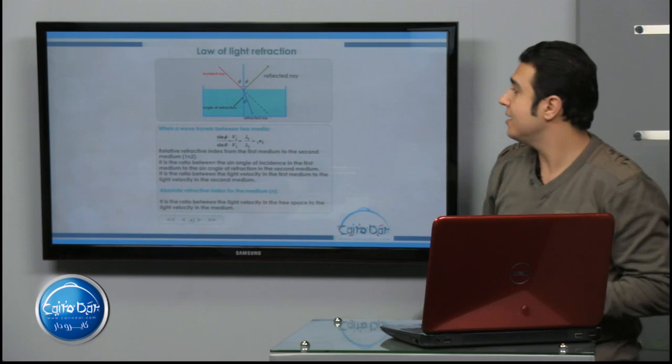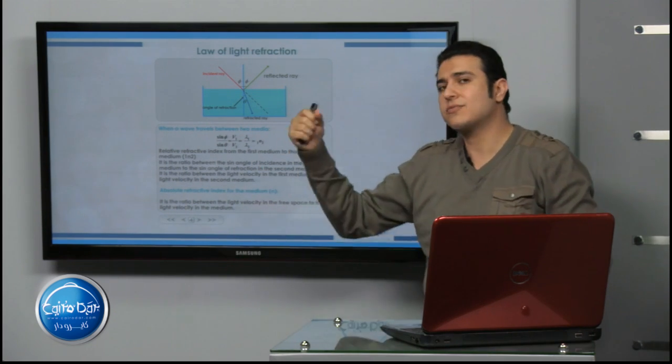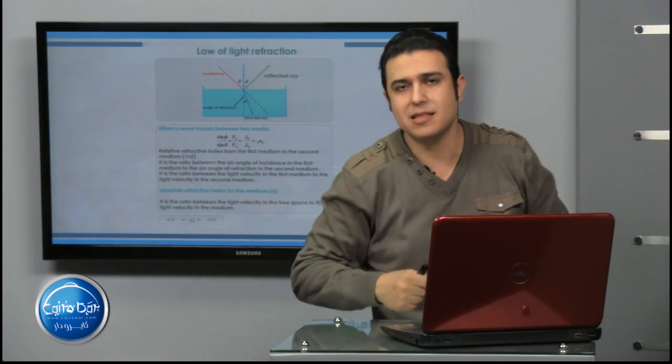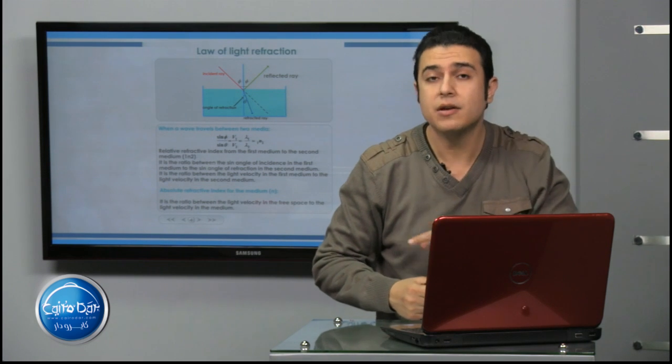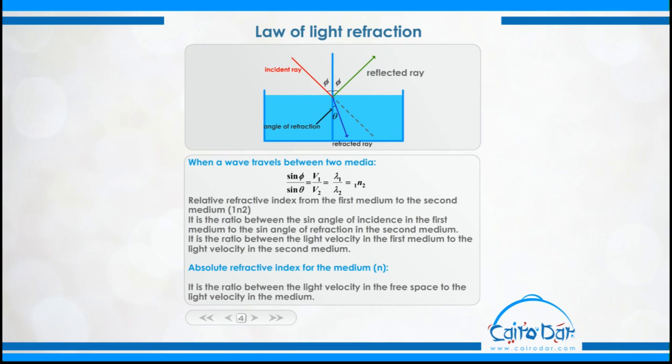1n2 means the relative refractive index from the first medium to the second medium. It can be defined as follows.